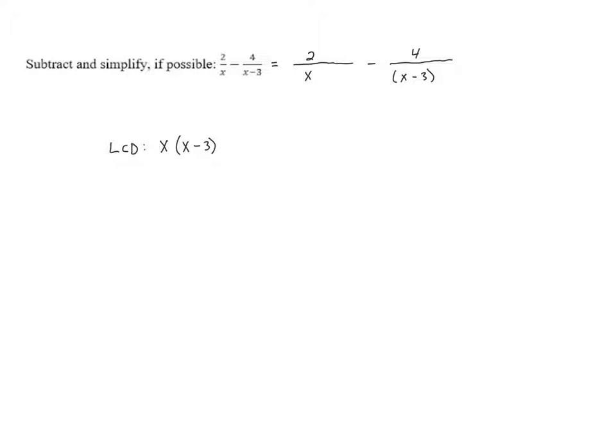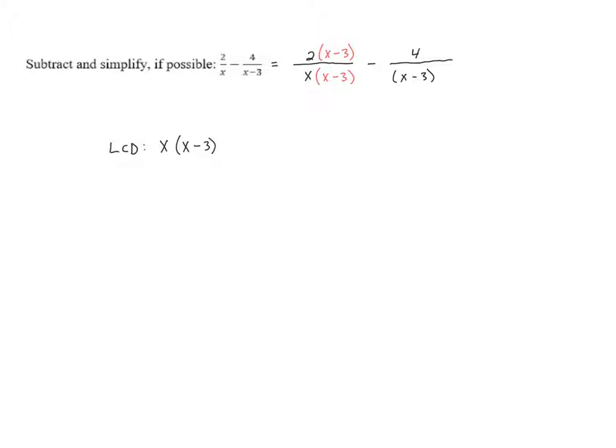Now, we need to rewrite the problem so that the denominators are the LCD. If we look at this first one, we've already got an x, but in addition to the x, we need an x minus 3. So we're going to multiply the top and bottom by x minus 3. And once we do that, we have an equivalent fraction that has the correct denominator.